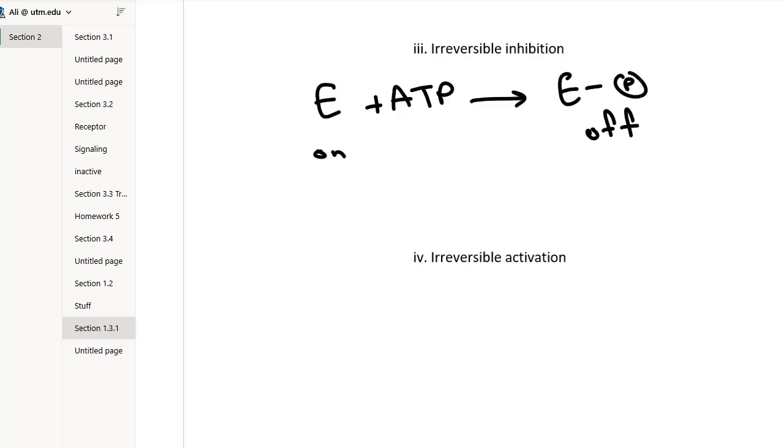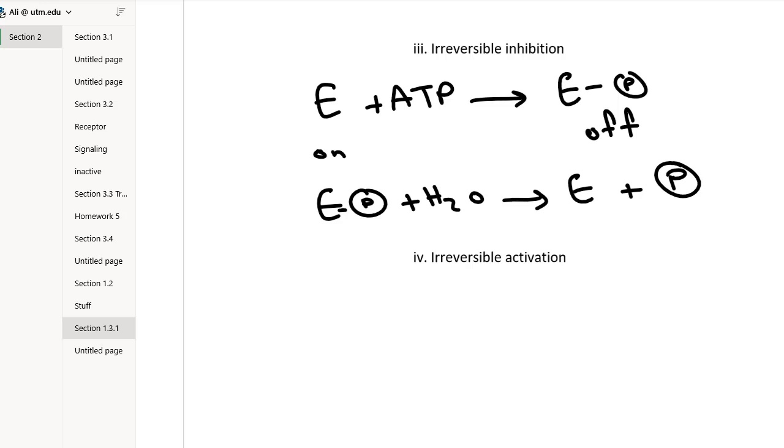So the second reaction, I'm going to draw it here. E phosphate plus H2O gives me the enzyme back plus an inorganic phosphate. So now we go from off back to being on.